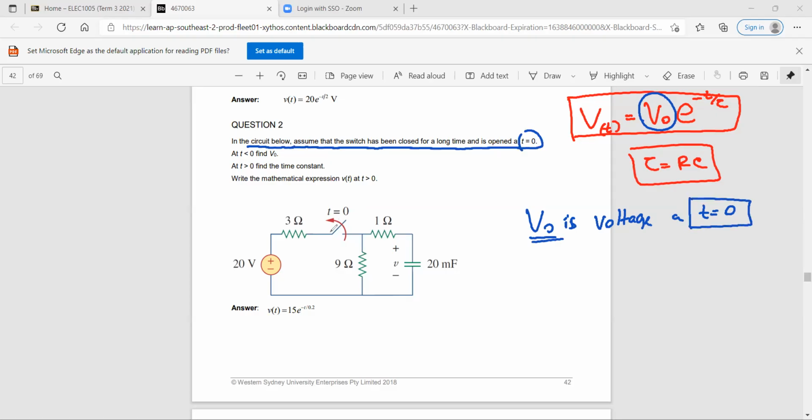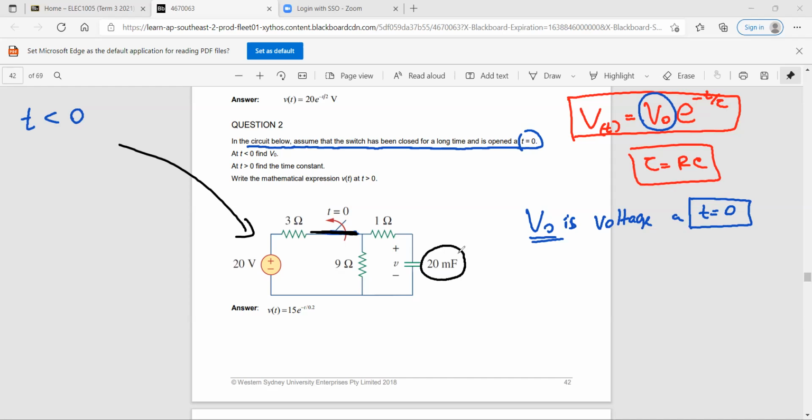So they are saying the switch was like this for a long time and it was just opened when the time is equal to 0. So when the time is less than 0, what is your circuit, guys? Your circuit will be like this, isn't it? Switch was closed, and when the time is less than 0, your capacitor will be charged.